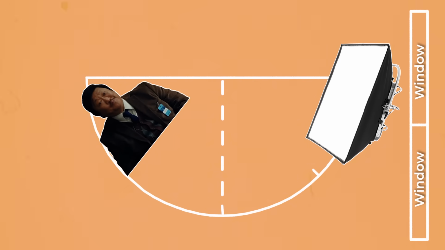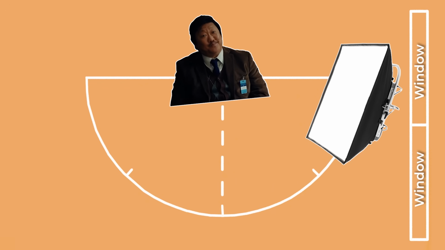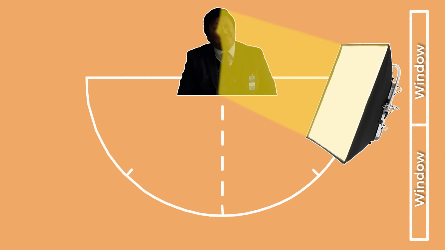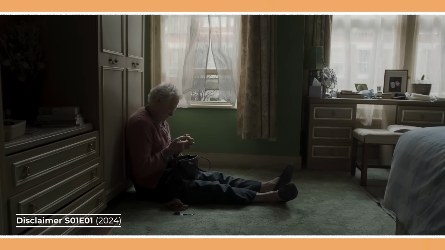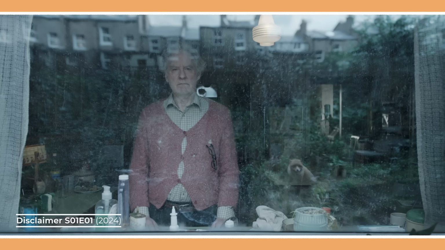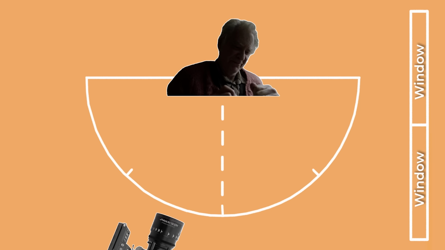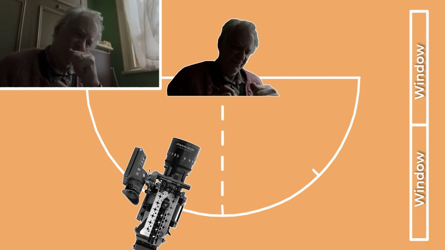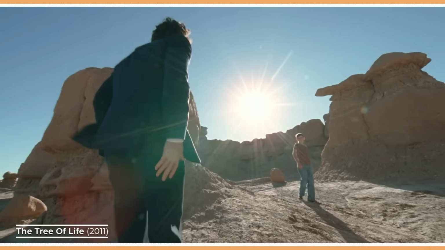Well, all you need to do is position the subject to best suit the location by placing them so that the key light is on one of their sides. For example, make them sit perpendicular to a window rather than directly facing the window. Then frame your shot so that the camera is on the opposite shadow side to the light coming through the window. This same idea can even be applied to exteriors.